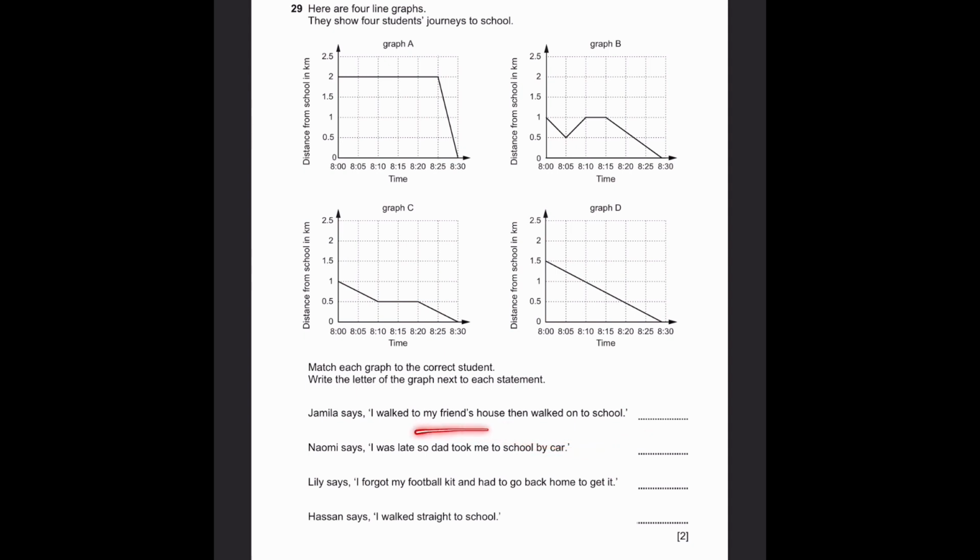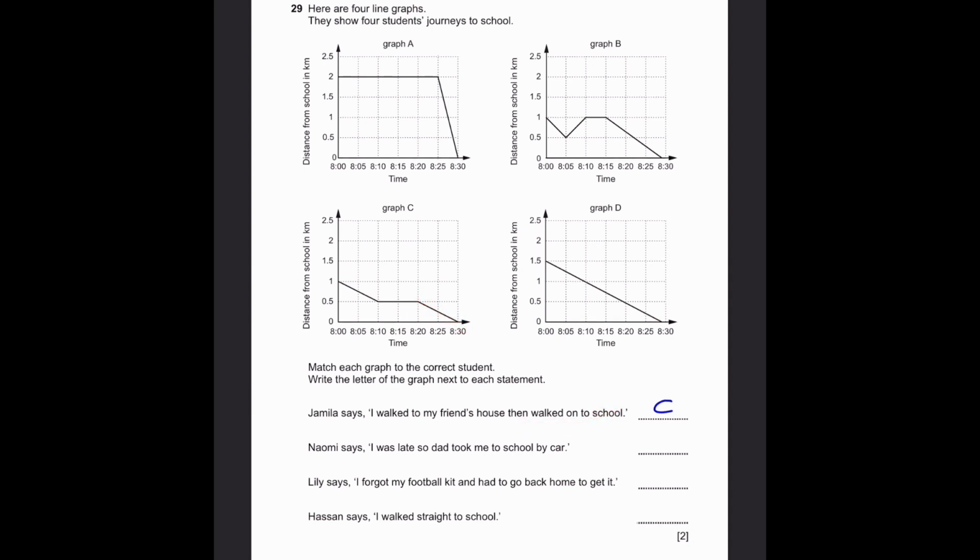So if you walk to your friend's house, that means you stop somewhere, right? And which one of these graphs have stopped somewhere and then goes directly to school without going anywhere else? Graph C. That's Jamila. So Jamila walks straight and then stops at a certain point, which is her friend's house, and then walks on to school, like what she says.